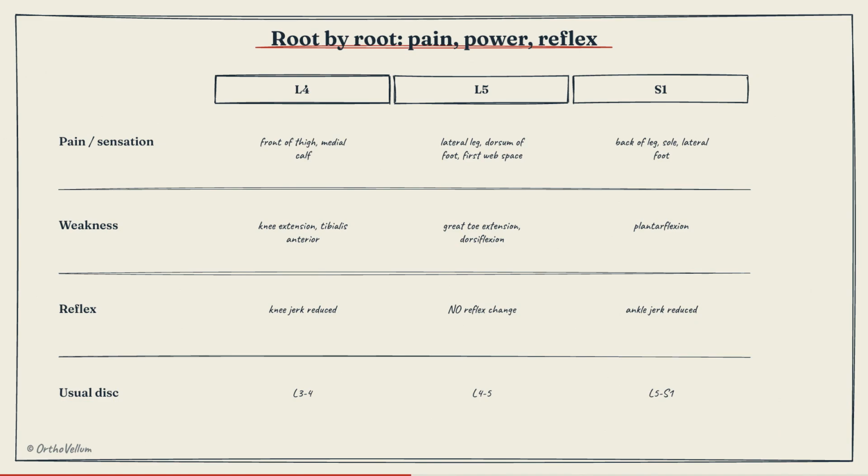An S1 root gives pain down the back of the leg into the sole and lateral foot, weakness of plantar flexion, and a reduced or absent ankle jerk. If you learn one table in this lecture, learn this one, because it is the bridge between the scan and the patient.